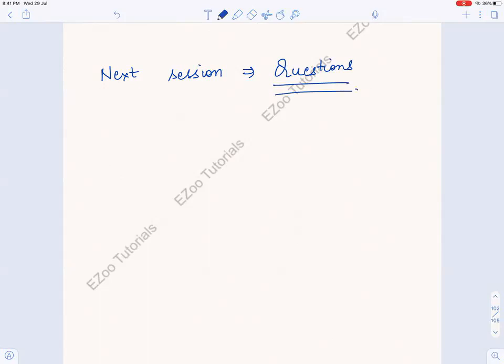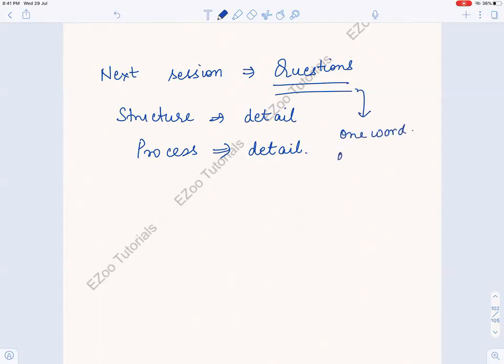I have taken each and every structure in detail, and each and every process in detail. These questions will be, as I told you, one word, fill in the blanks, and then there will be one sentence.